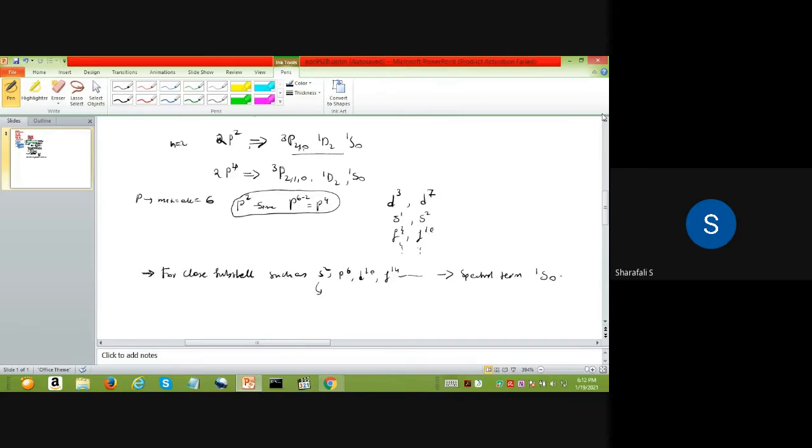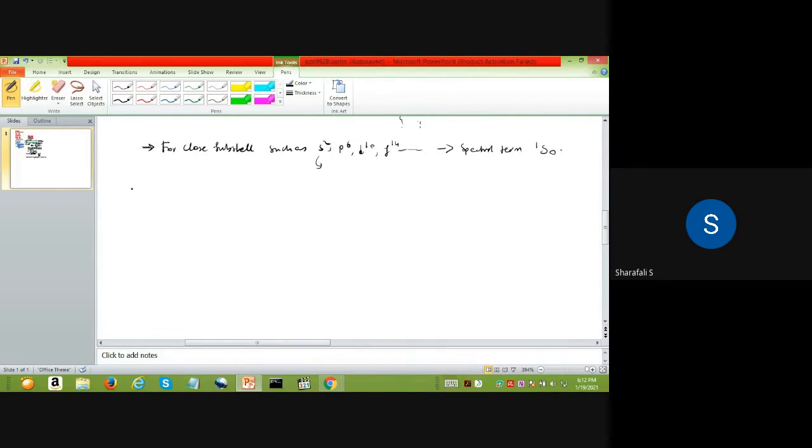Now, if you consider the order of terms and fine structure, these are some important points that you have to understand. Regarding the order of terms, the term with the largest multiplicity lies lowest.